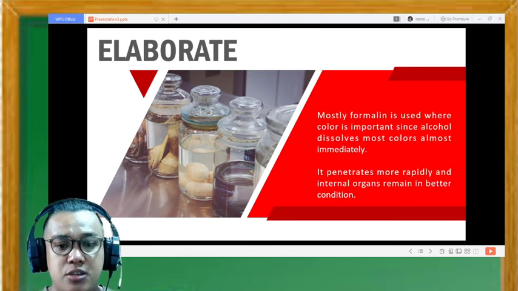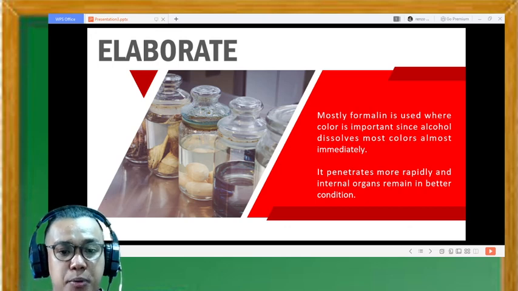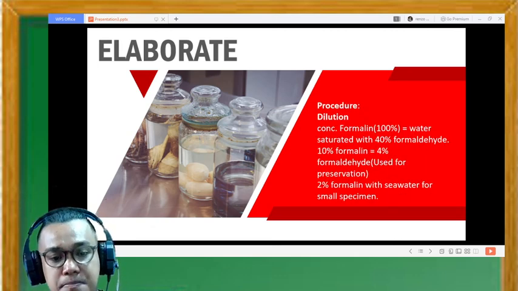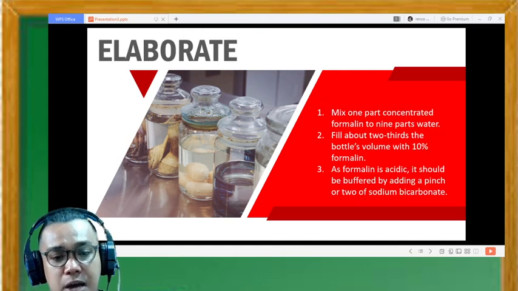Formalin is used where color is important since alcohol dissolves most color almost immediately. It penetrates more rapidly into internal organs, leaving them in better condition. This is the procedure and dilution of formalin, and how to mix and use it.